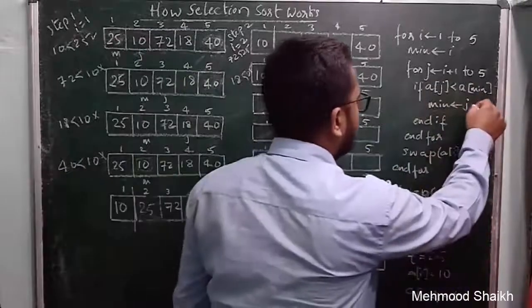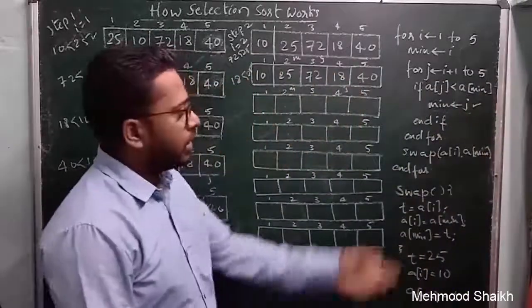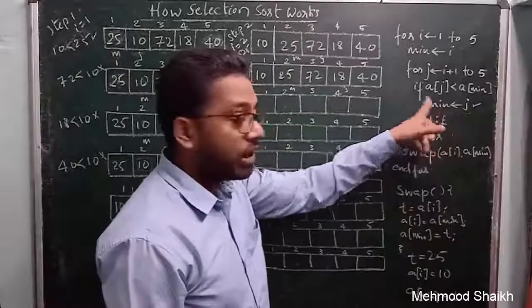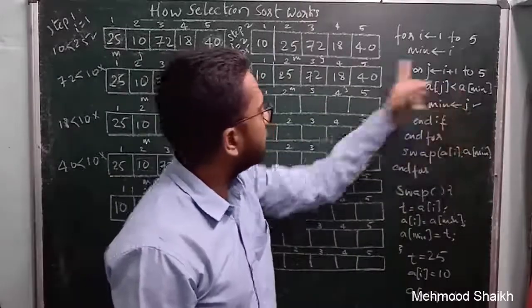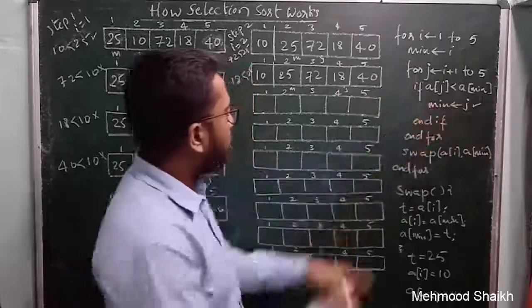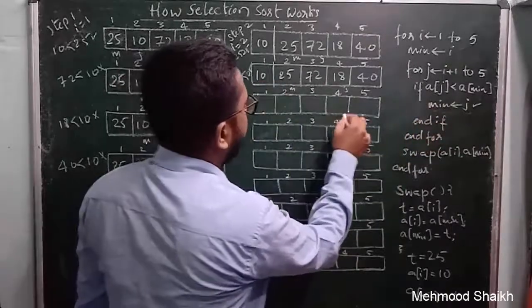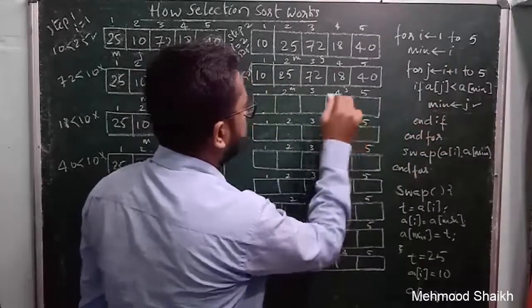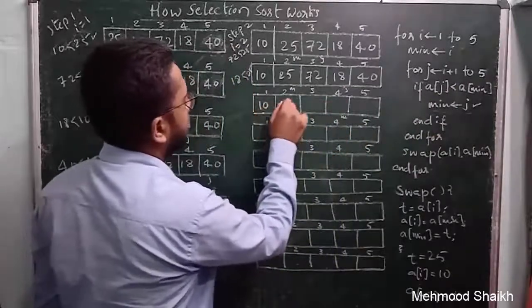In that case, this statement will get executed. Now the value of min gets changed. The value of j was 4 in this case, so the 4 gets passed to min to make the minimum element the fourth index. Let me just write down these numbers. 40.